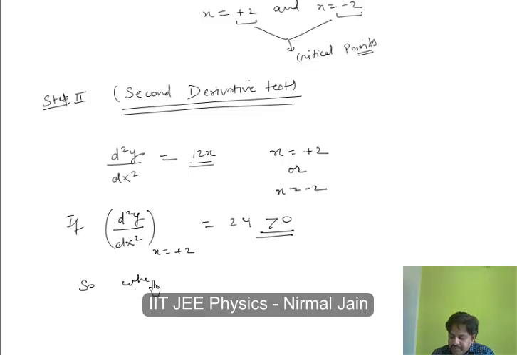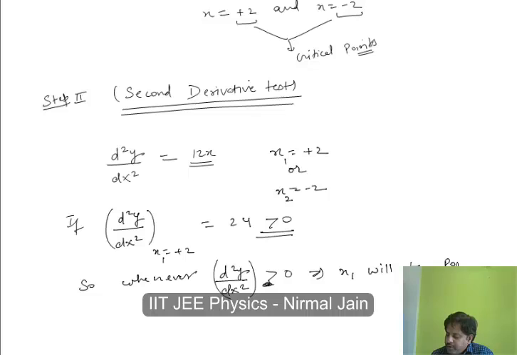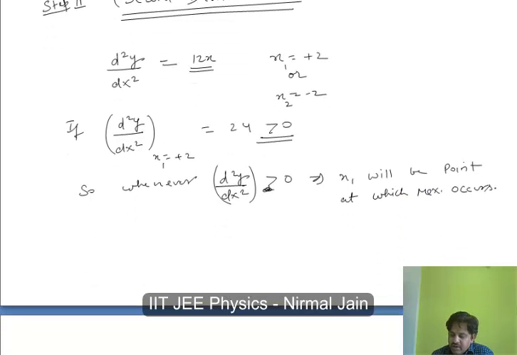So whenever d2y by dx2 is greater than 0, let that particular point be x1, then x1 will be the point at which maxima occurs.